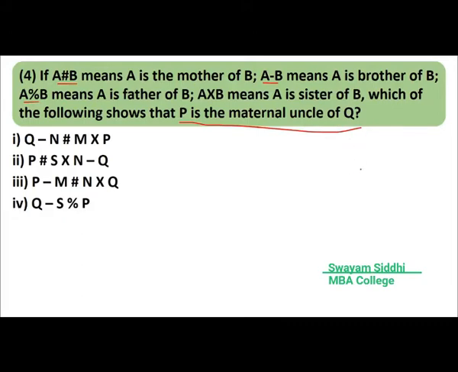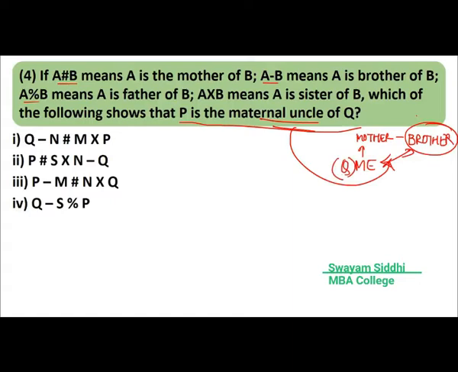What we want, say this is me, okay, this is my mother, and this is the brother of my mother, and this brother of my mother will be my maternal uncle, okay? This would be the relation of maternal uncle and nephew. So P is the maternal uncle of Q, so Q should be over here instead of me, and P should be over here, okay?